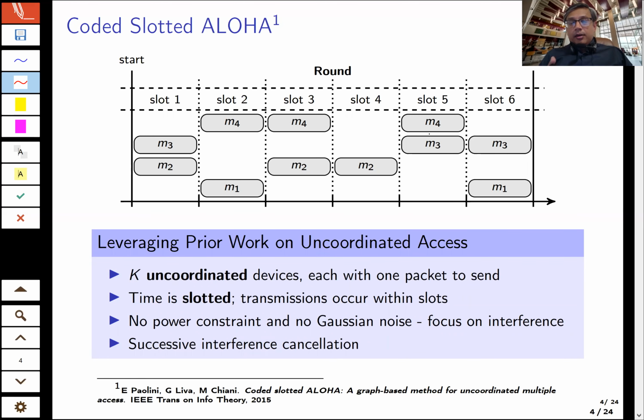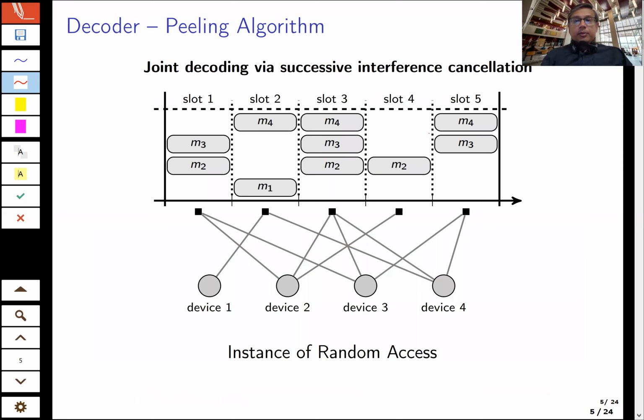And we partition that frame into multiple slots. So for example, here, you have 5 slots. And what happens is each user chooses a random number and decides to transmit on that many slots within all the slots that are available.